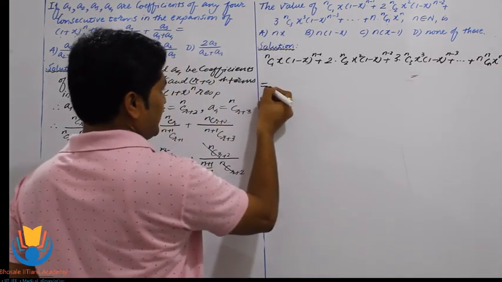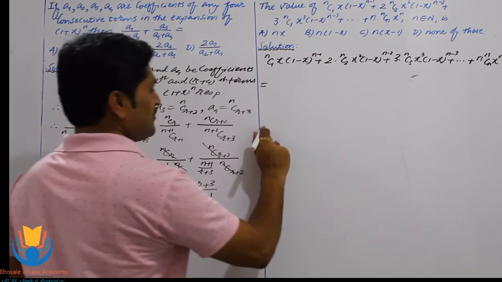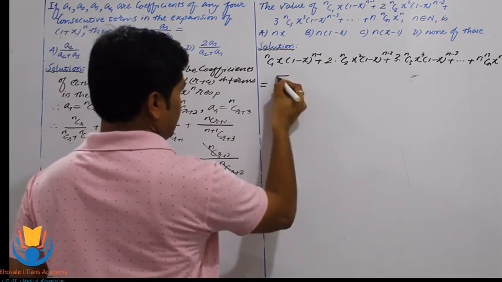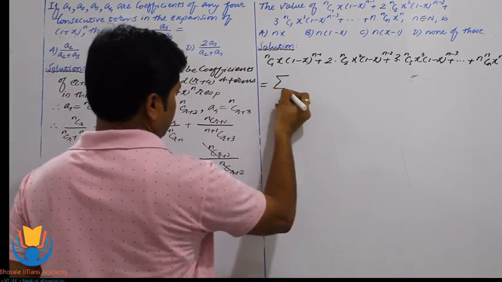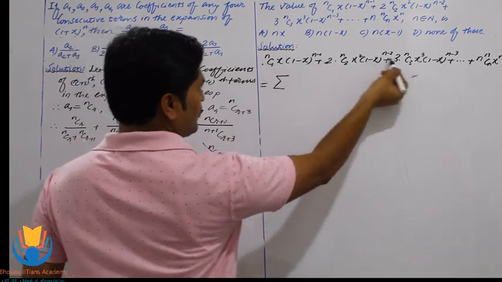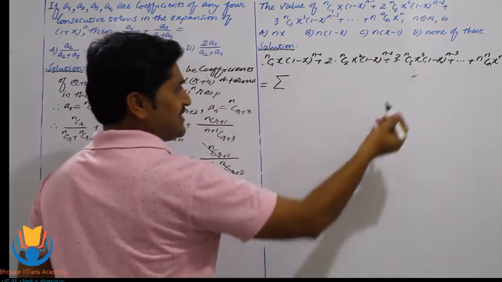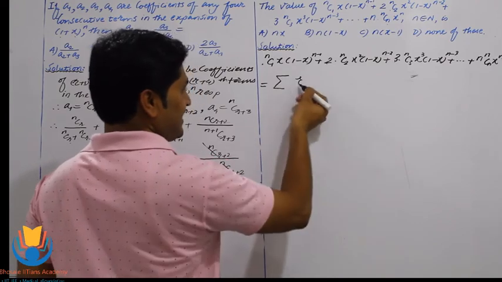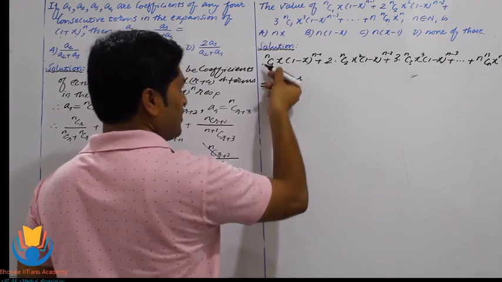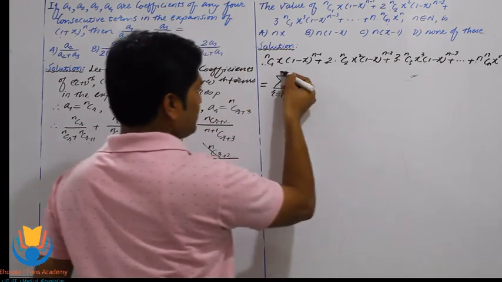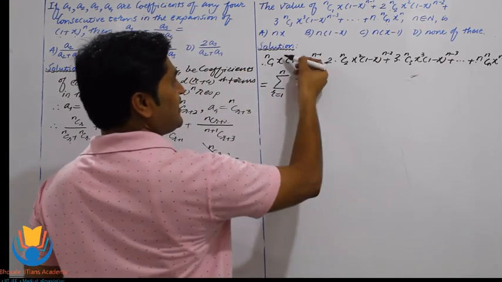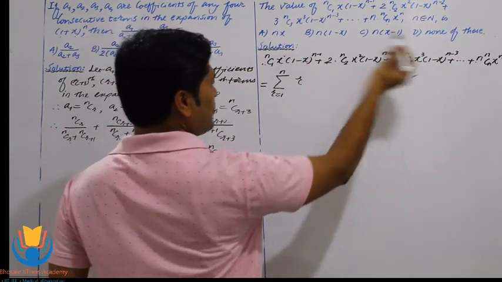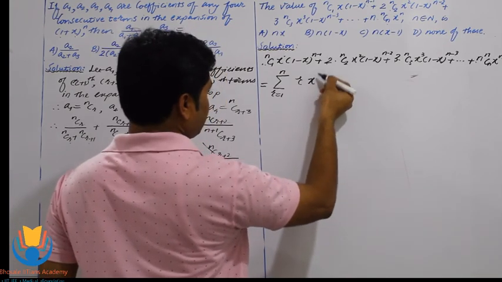So the same can be expressed using sigma notation or summation. Here it is 1, 2, 3 and so on. Lastly it is n, so in general we can write it as r, and this r is changing from 1 to n. And second thing, the index of x is again changing from 1 to n. So here we will write x raised to r.